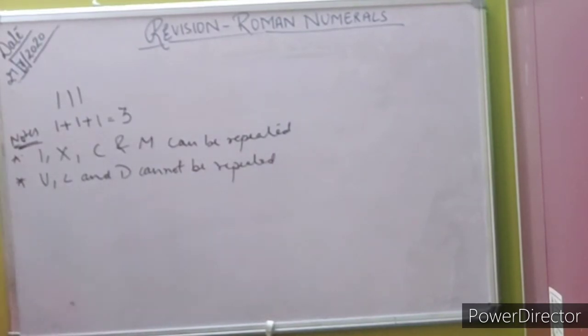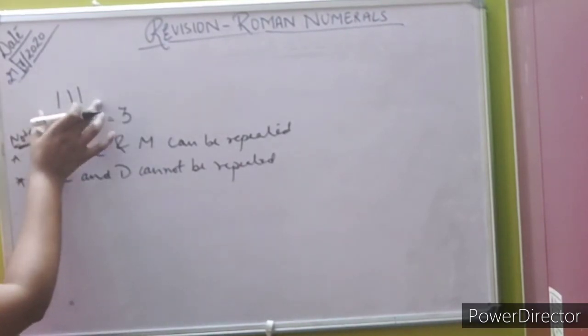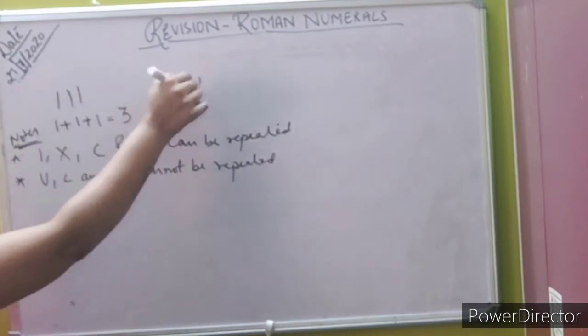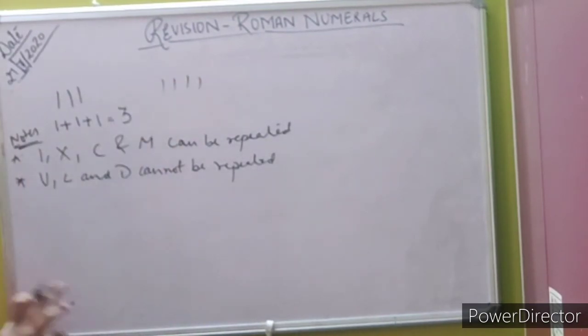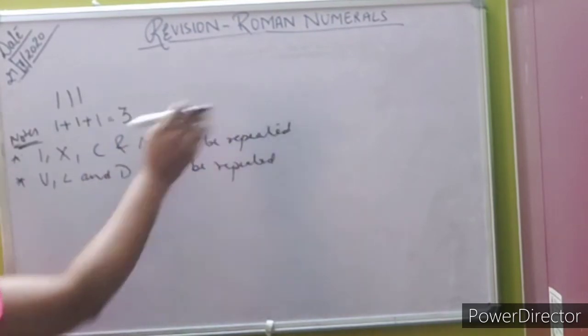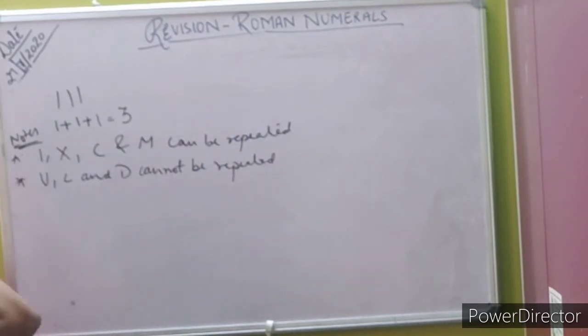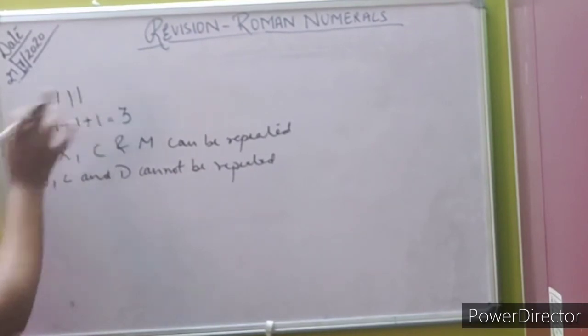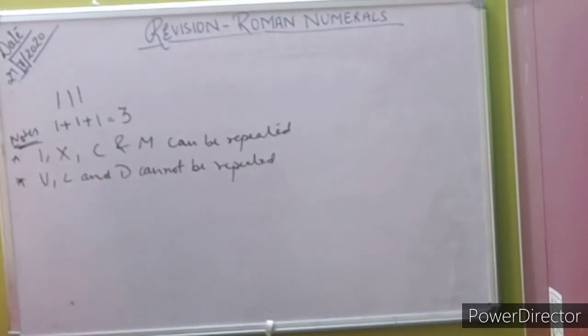And no numeral can be repeated more than 3 times. 1, 1, 1, 1 is not possible. A numeral can be repeated only 1 or 2 or 3 times, not more than 3 times.